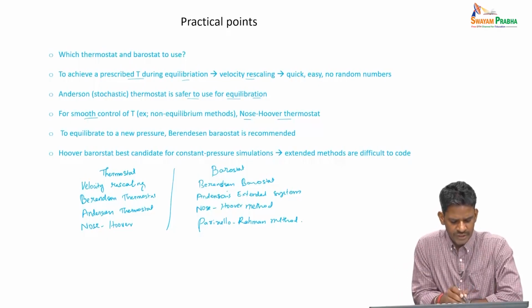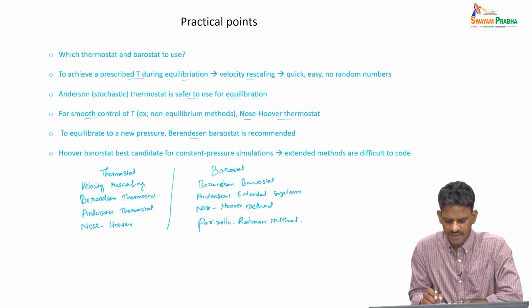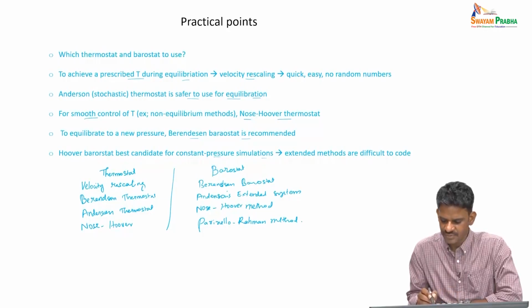And if you want to equilibrate to a new pressure, one can use the Berendsen barostat, but then the Nosé-Hoover barostat seems to be the best candidate for constant pressure simulations.